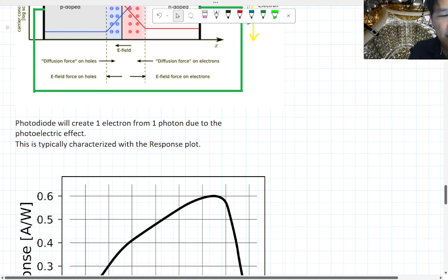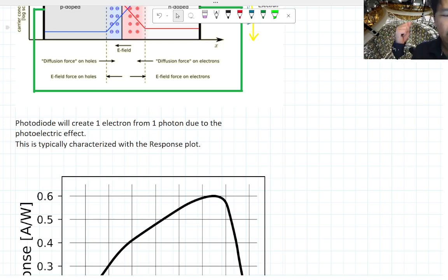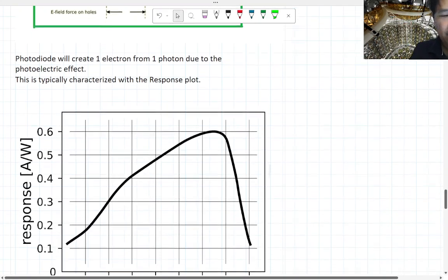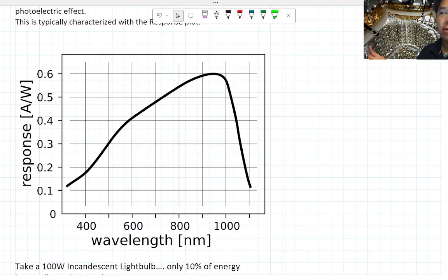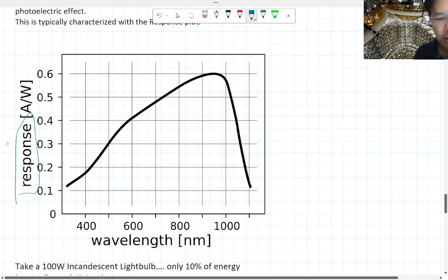So one photon creates one electron, due to the photoelectric effect. In fact, photodiodes are usually designed to have an optimal absorption at a particular wavelength, and this is known as the response function.